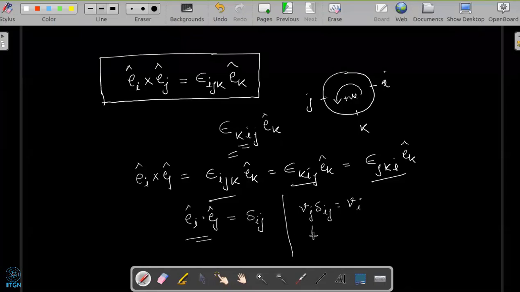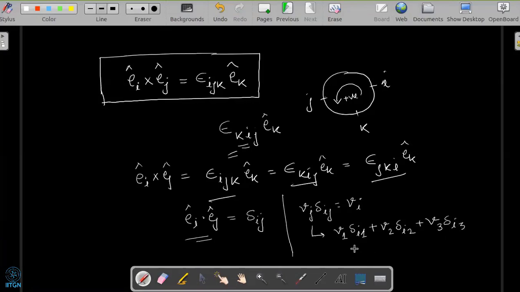So let's expand it. We will do the expansion over j, summation over j. So I will be kept as it is, and v1 delta I1 plus v2 delta I2 plus v3 Kronecker delta I3.